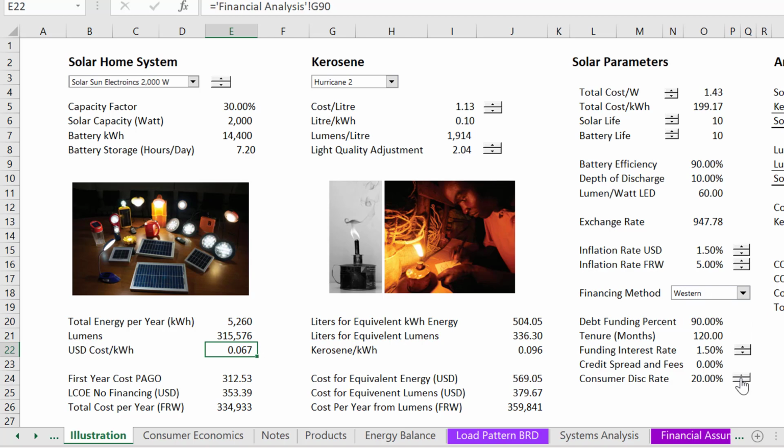Now, it's very sensitive to the consumer discount rate, too. If I could get a 10% consumer discount rate, then we get lower costs in all of them. So as you should expect, solar is capital intensive, and we should have this.